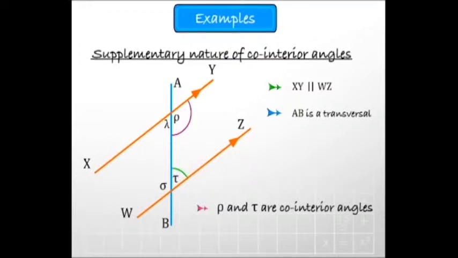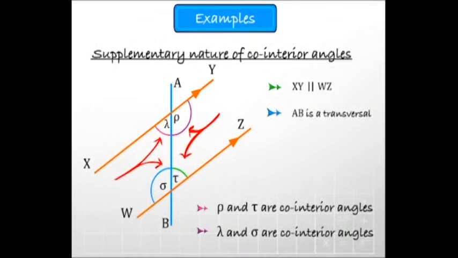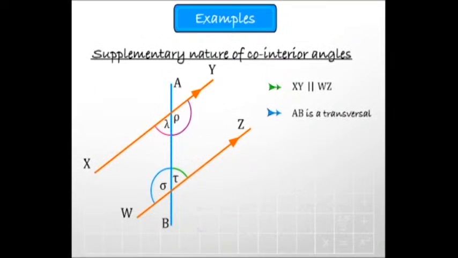Rho and tuph are co-interior angles, and lambda and sigma are co-interior angles. Co-interior angles are supplementary. In other words, when we add them together, they must give us a sum of 180 degrees. By referring to the diagram, we therefore see that rho plus tuph equals 180 degrees, and lambda plus sigma is equal to 180 degrees.